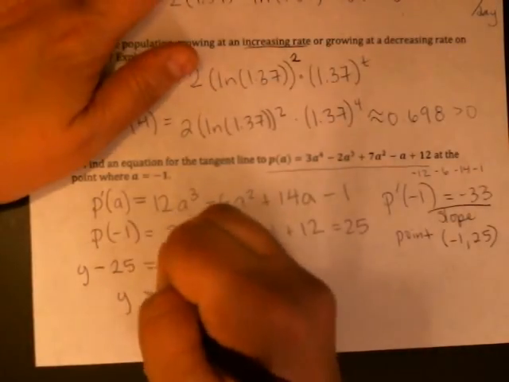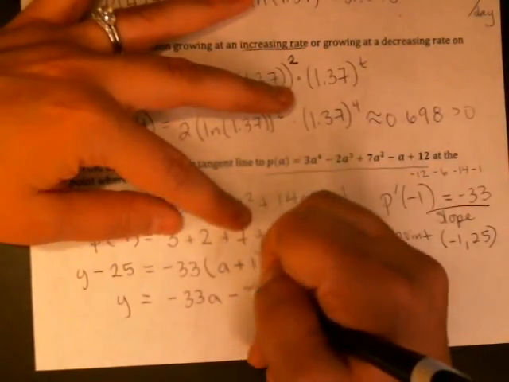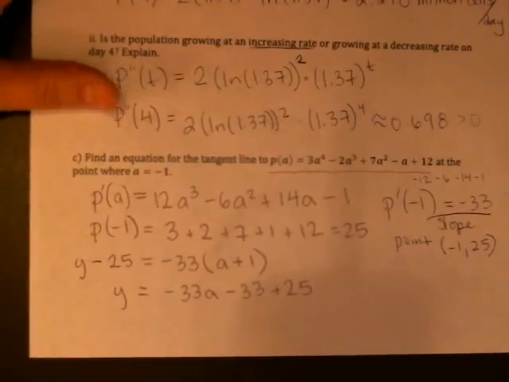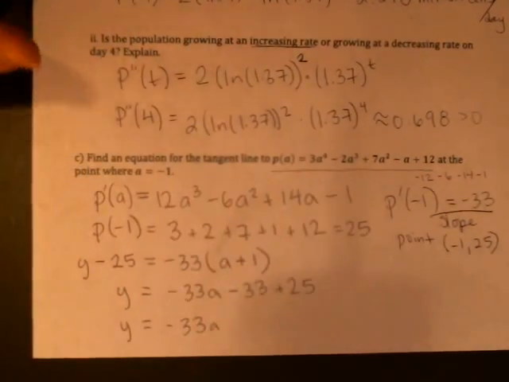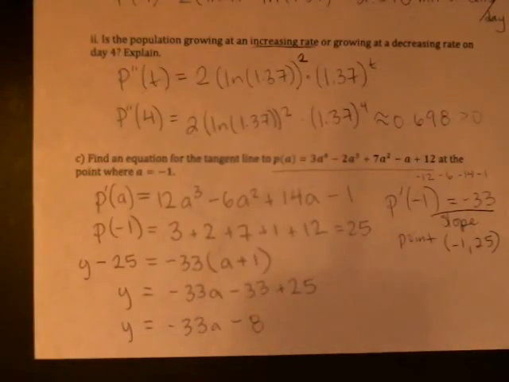So y is equal to negative 33a minus 33 plus 25, or negative 33a minus 8.